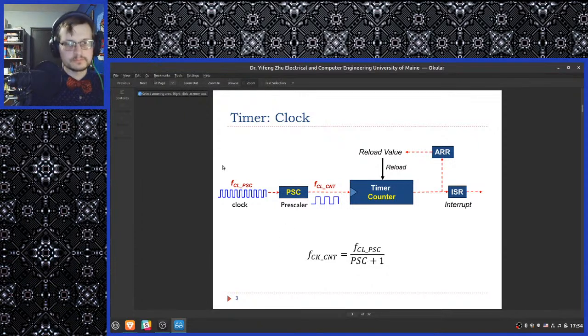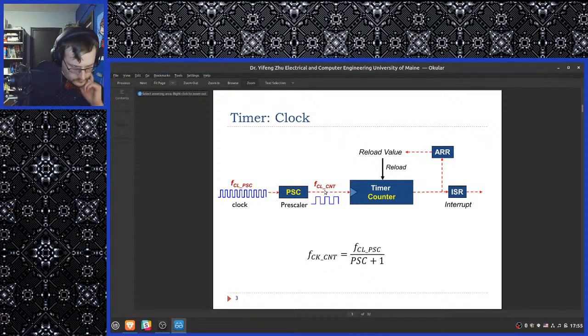So, the clock signal hits a prescaler. If this prescaler is set to 0, then it just passes the clock signal through with no alterations. But essentially, the prescaler is like another counter, but it slows down the oscillation.